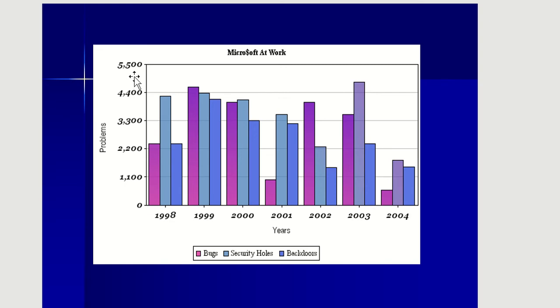Looking at the y-axis, we have numbers and not percentages, so these are frequencies. Therefore, you can read this bar chart as representing two variables: the types of security problem and the academic, not the calendar, year.